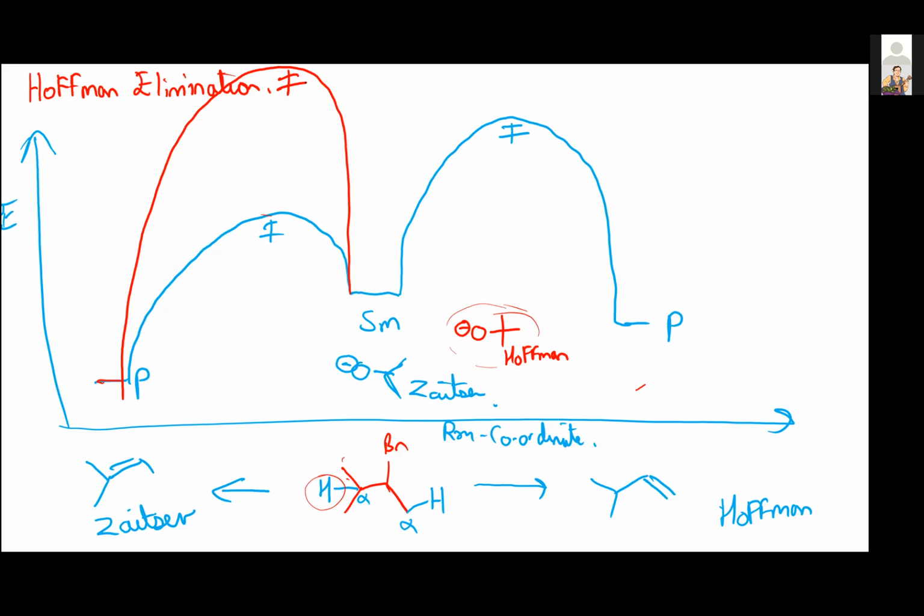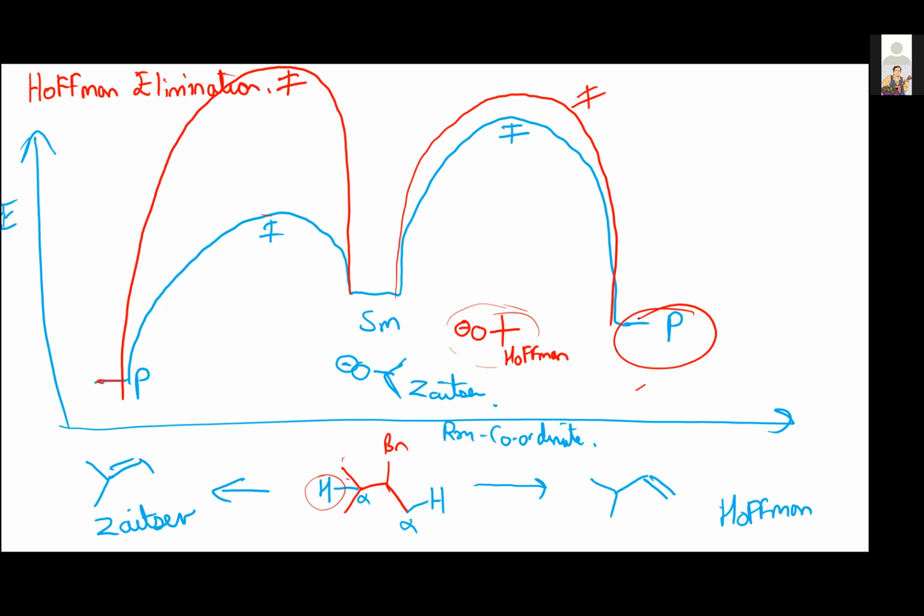So I'm not changing the energy of the products when I'm going Hoffman versus Zaitsev. What I'm doing with a Hoffman base is making that transition state really difficult to approach. It's going to make this one a little bit harder too, but it's going to be lower. And now we've inverted which transition state is lower, and we go to this product with the Hoffman. So that's why Hoffman bases do what they do and Zaitsev bases do what they do.